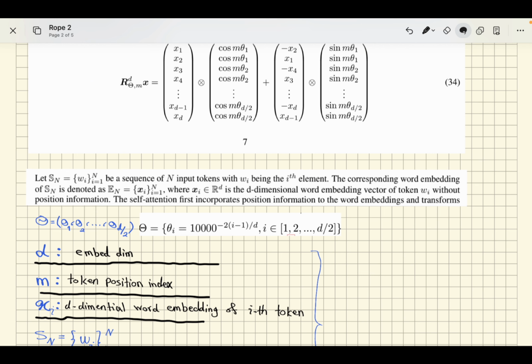The thetas, or the frequencies, or angles, form a vector whose length is half of the dimension, and we will find out why this happens.